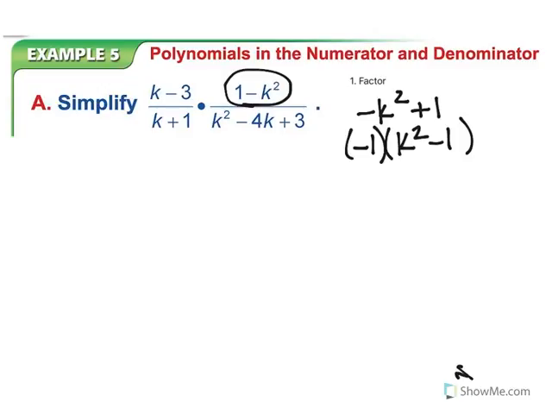Alright, so the next thing I'm going to do is, since I know that this is a difference of squares, I write k and k, plus and minus, and the square root of 1 is 1, so 1 and 1.